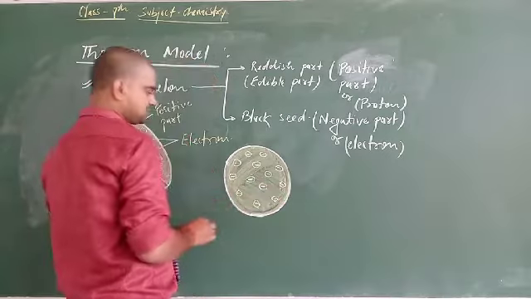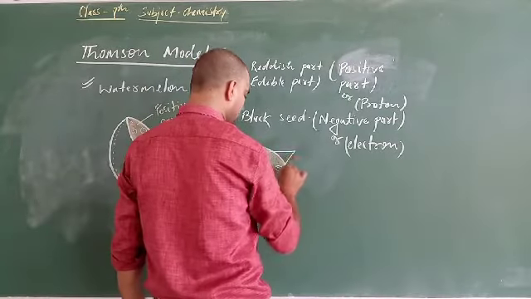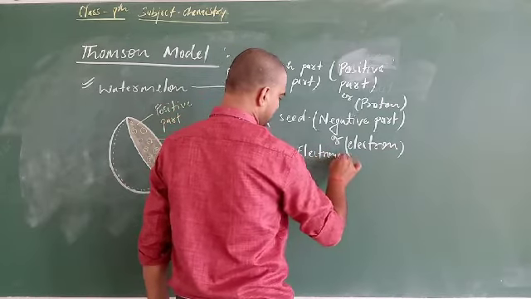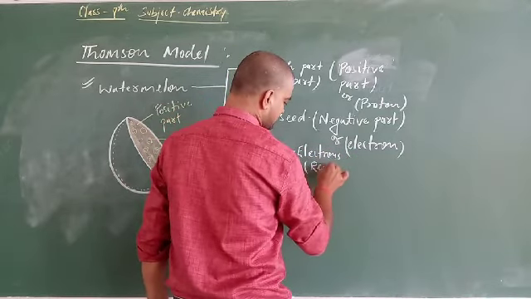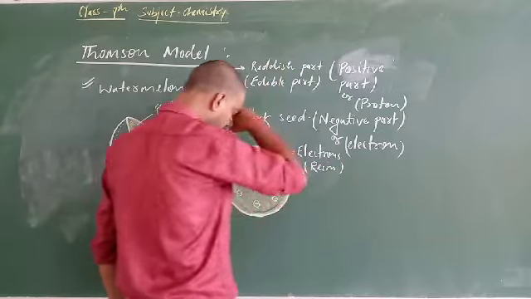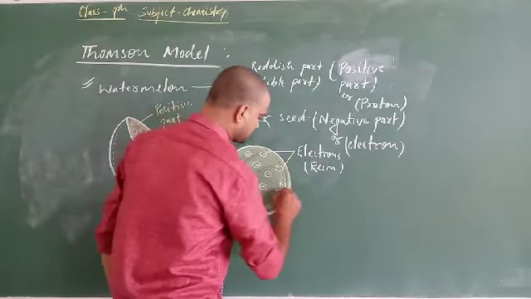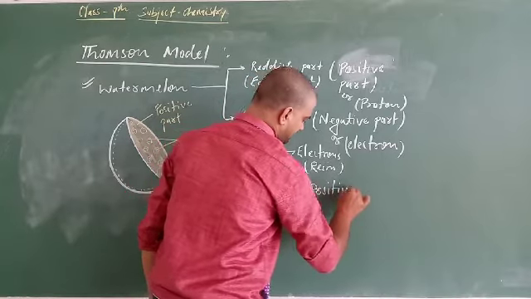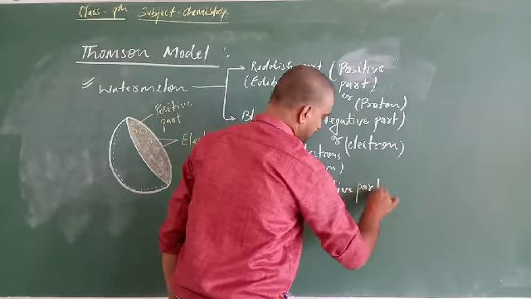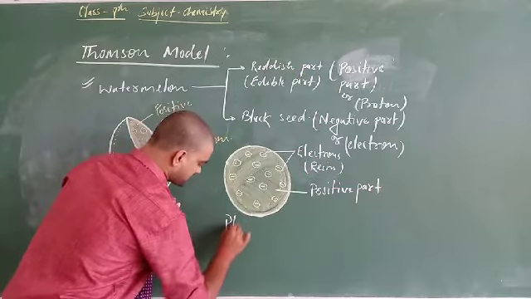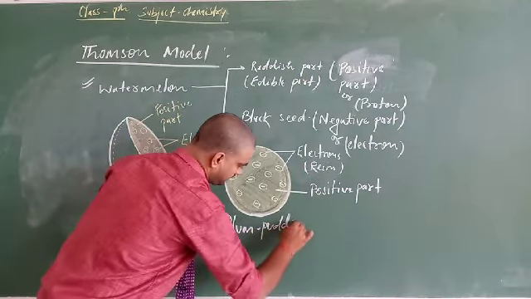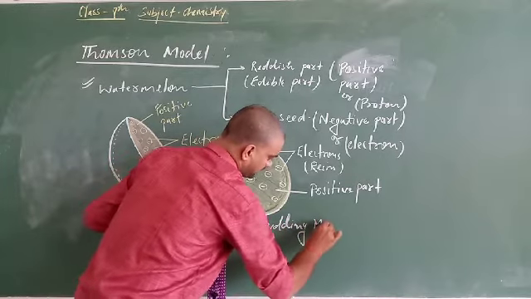Clear? So this is the plum pudding model. These are the electrons or negative parts, as raisins. We compare the raisins as electrons or negative parts, and the creamy layer is the positive part, and this is considered as the plum pudding model.